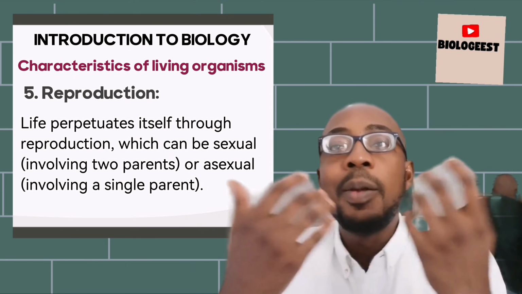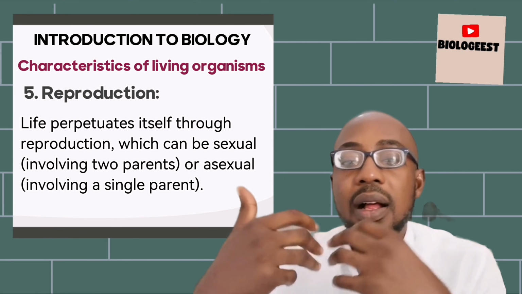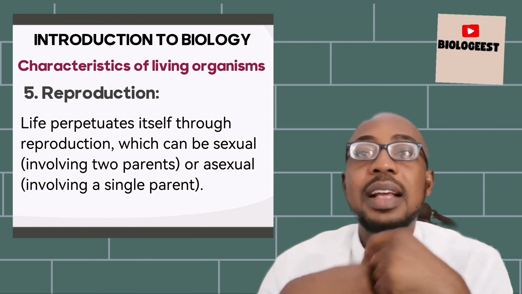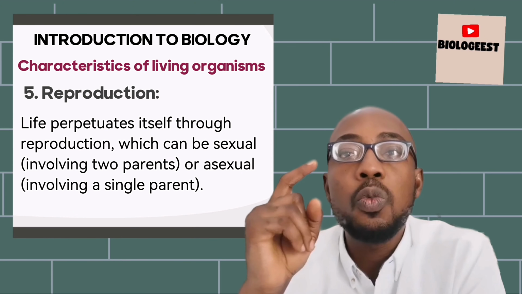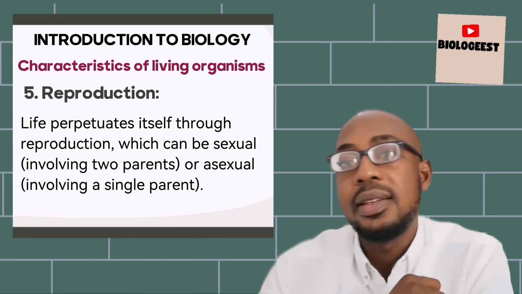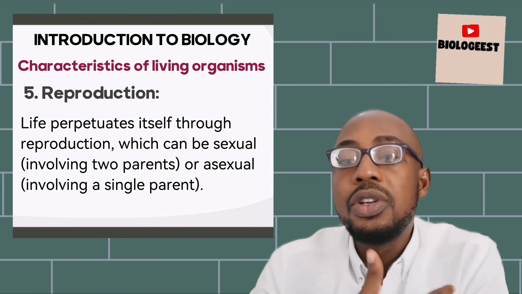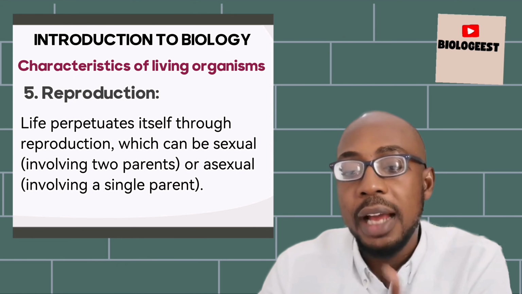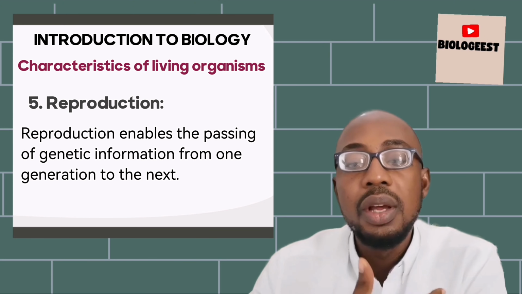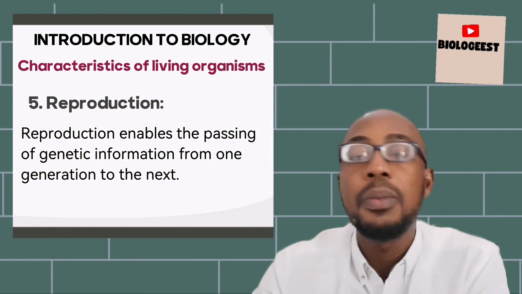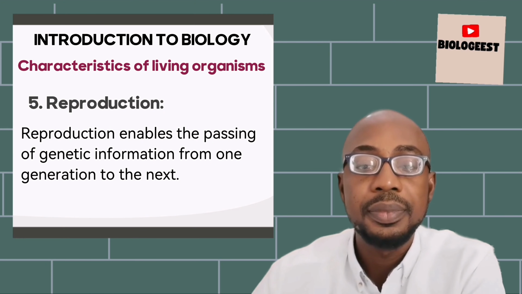Sexual means that the reproduction involves two parents, that is, the male and the female, while the asexual means that the reproduction involves just one single parent. And this form of asexual reproduction is commonly found in hermaphrodites. Reproduction enables the passing of genetic information from one generation to another.